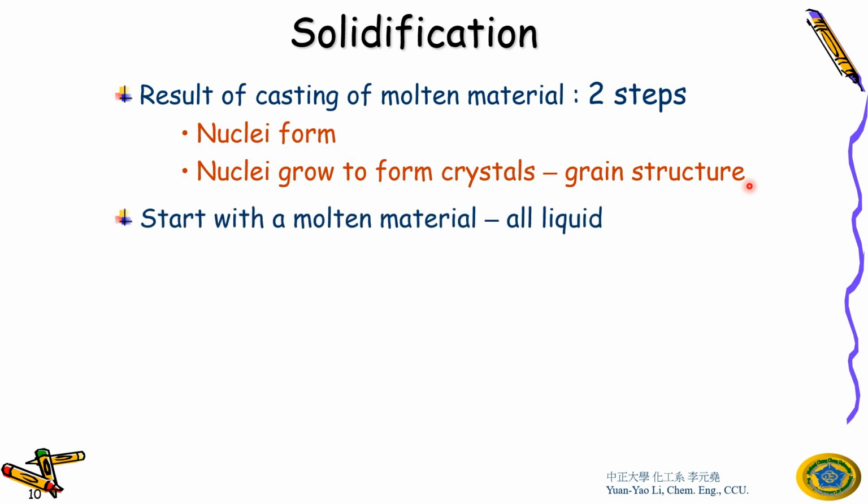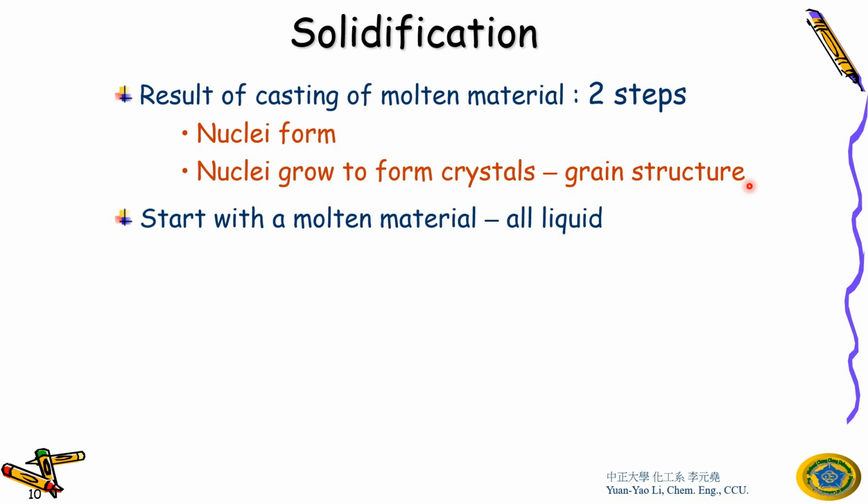So start from molten materials or liquid. Just now I gave a case of sodium chloride in aqueous solution, but you can regard this as a metal, like iron at a high temperature, in liquid form.